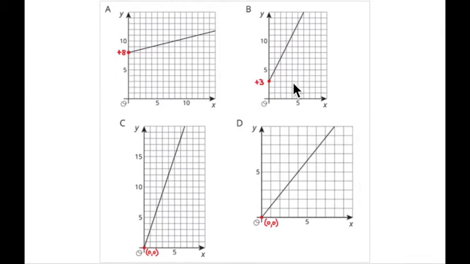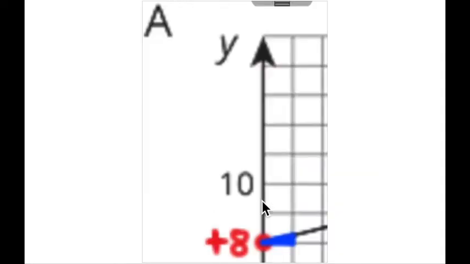B is going to be positive 3, so y equals mx plus a positive 3. C is a proportional relationship, so this is y equals kx, goes through 0, 0, and D likewise is a proportional relationship, so y equals kx. There's no b, you're not adding anything along the y-axis for C or D.